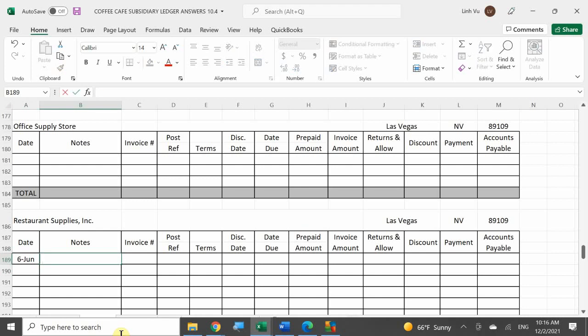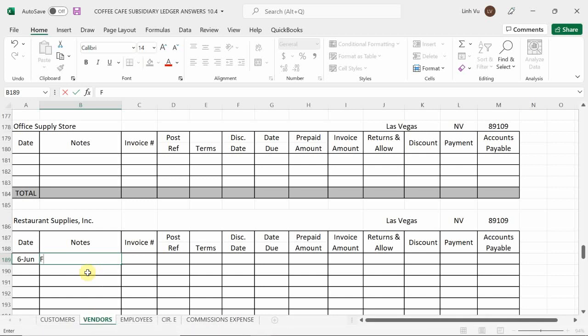Financed 12 months on cash register with 0% APR for first 12 months, 18% APR. Okay.